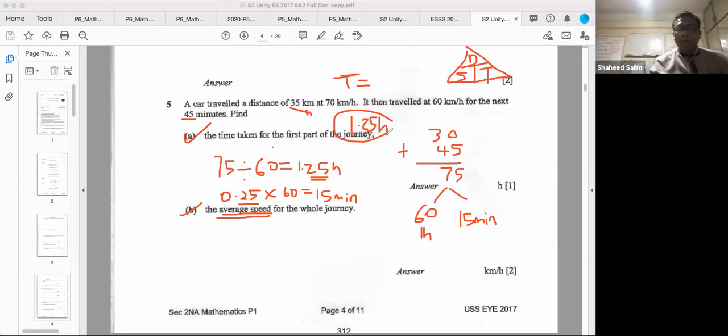So you need that to find out the distance. You told me there's a total distance, right? First part you got 35 km. Second part you don't know. You have to find out the distance of the second part.